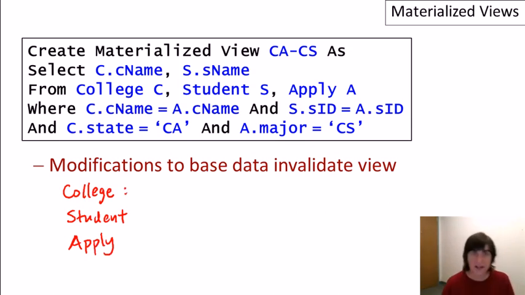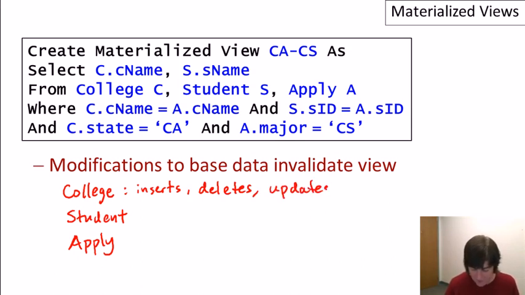For the college relation, inserts could change the result of the view. This seems unlikely, but we could have a new college that a student has already applied to in California for CS. Certainly deletes can affect the view, and then updates to any of the attributes that are mentioned in the view. For the college, that would be the college name and the state.